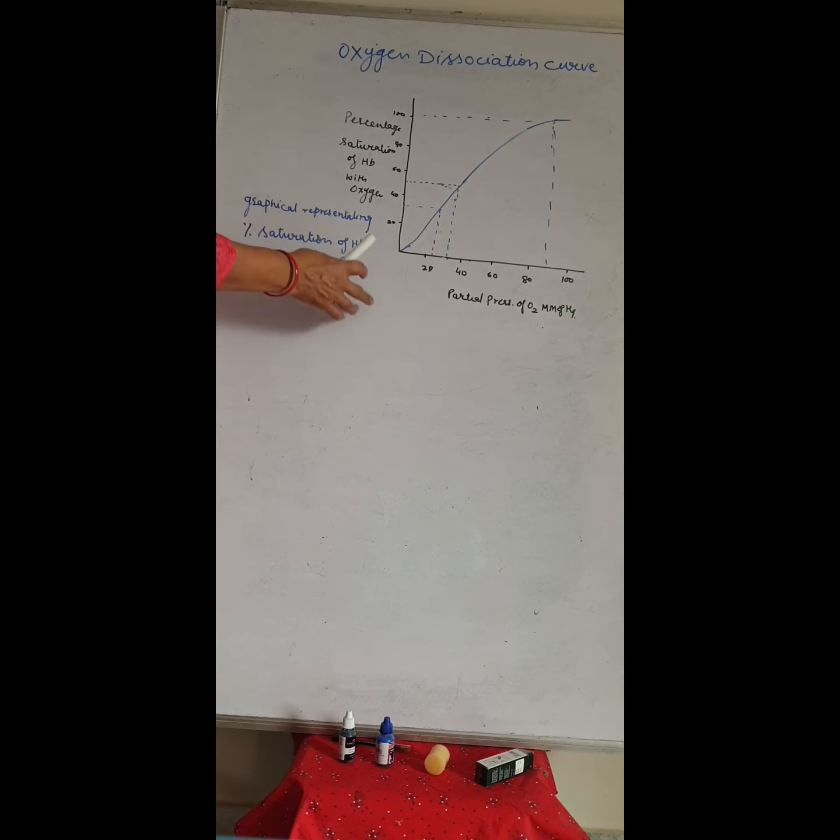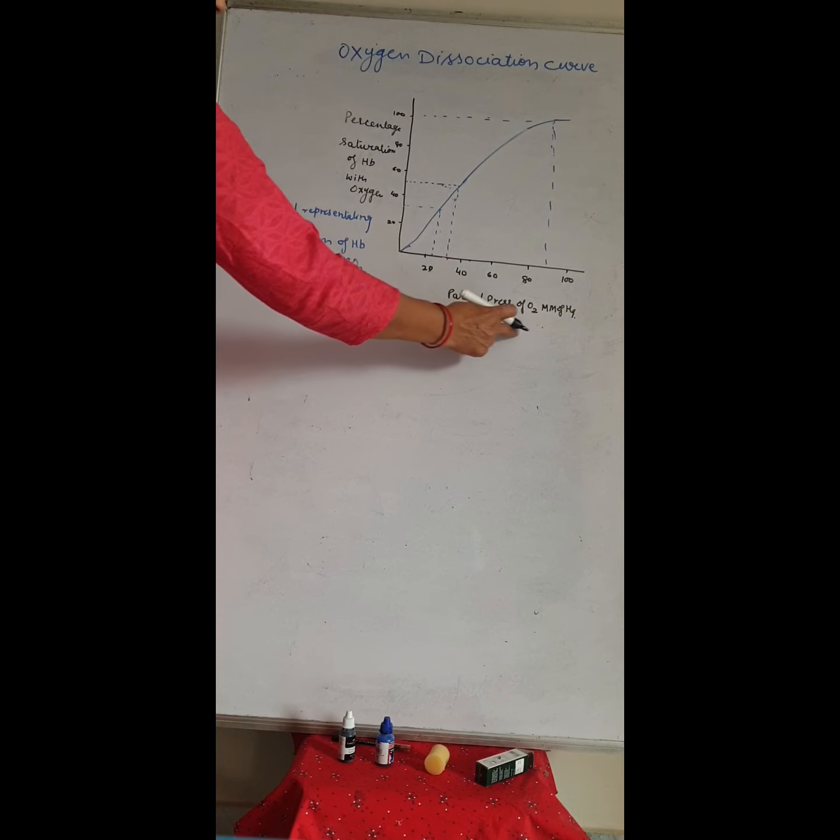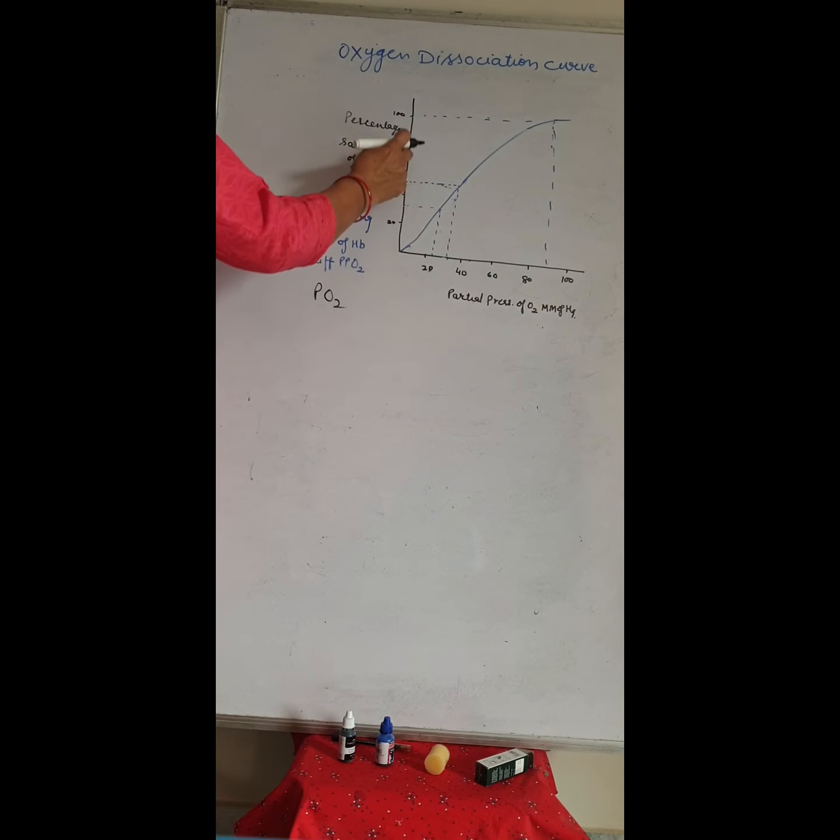The factor determining the binding of oxygen with hemoglobin is the partial pressure of oxygen. The more the partial pressure, the more the affinity of hemoglobin for oxygen.